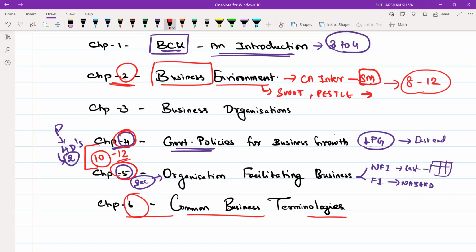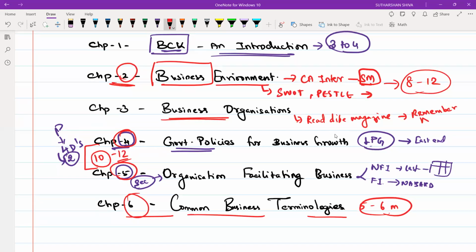For this chapter 6, many of them are feeling difficulty, so I pointed out everything. In this also, you may get 5 to 6 marks. And business organization, read it like a magazine, what you have written. Try to get information on what is there in the material and try to remember the names, years, names of the CEOs or MDs, and what the headquarters is.